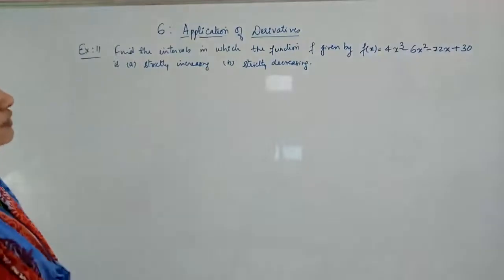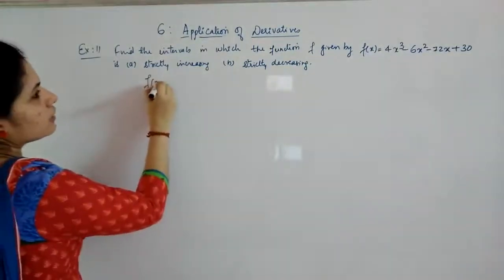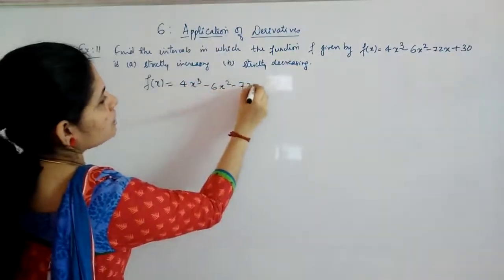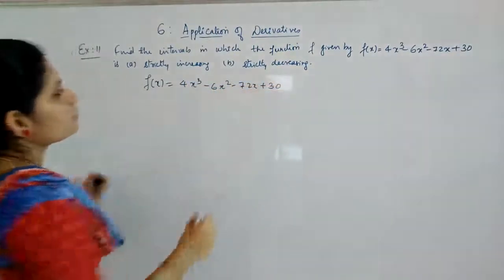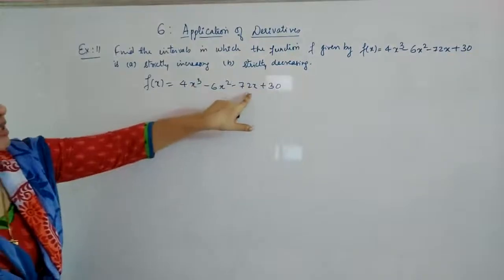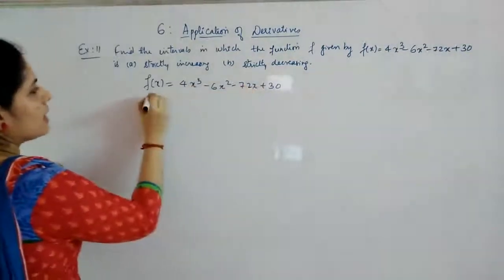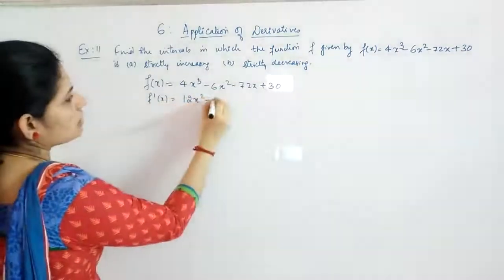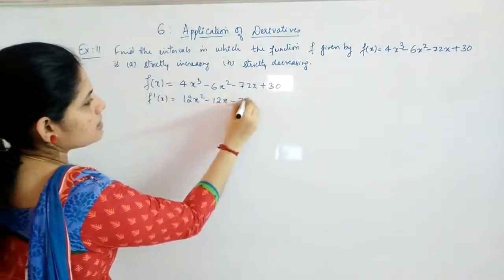Okay. So the first process is to find the derivative. The function is 4x cube minus 6x square minus 72x plus 30. So f dash of x is 12x square minus 12x minus 72.